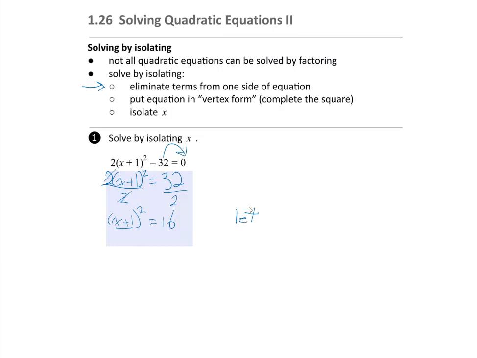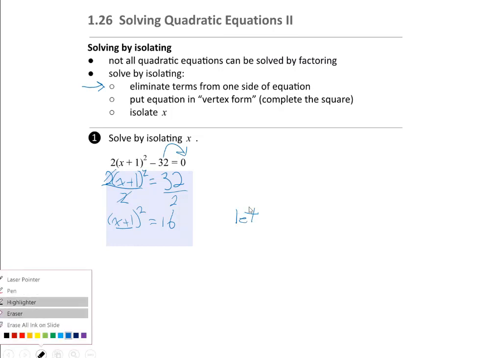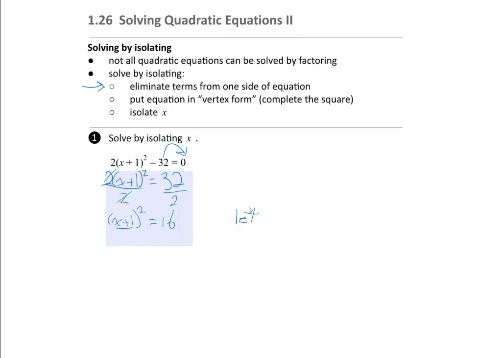Let z equal whatever's in the brackets there. So it'd be x plus 1.